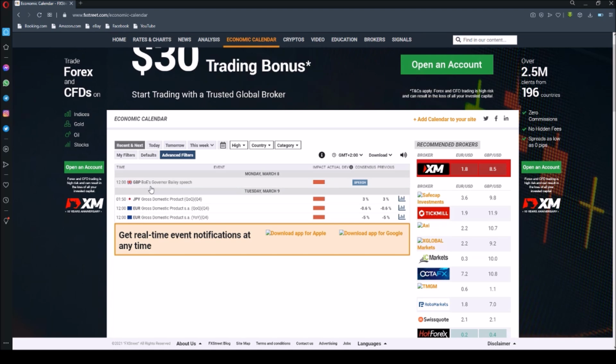Then after that, we'll have a yen release. There are also releases on the same day at 10 o'clock GMT time. So it can be seen that this week has not much high impact news. With that in mind, we can trade freely and with ease since there are not many affecting fundamentals.